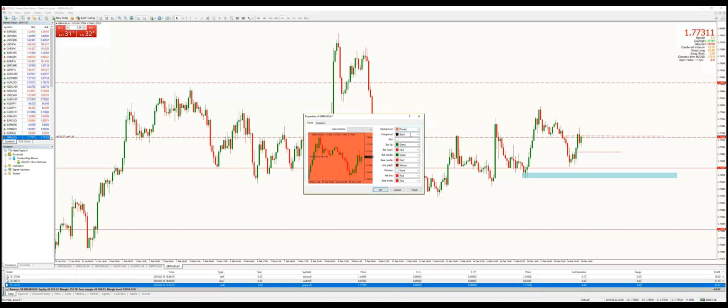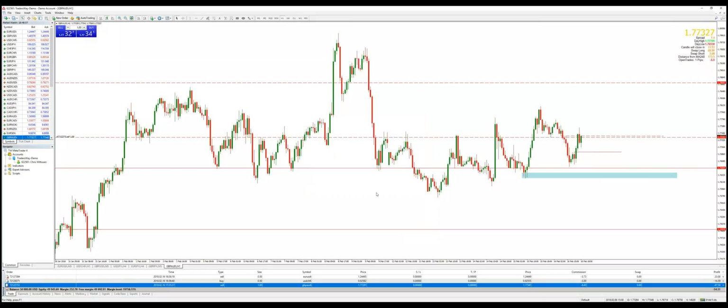The background just changes background. Bar up, bar down, bull candle, bear candle, line graph. Oh well, another day, another door.